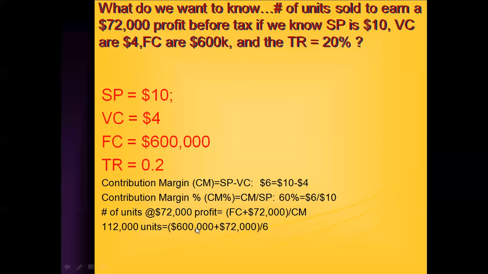So you take the $600,000, which is your fixed cost, and you add the $72,000, which is your profit objective. You divide it by 6, which is your contribution margin, and then you would know as the owner or manager of this business that you would need to produce approximately 112,000 units in order to hit your goal of a $72,000 profit before tax.